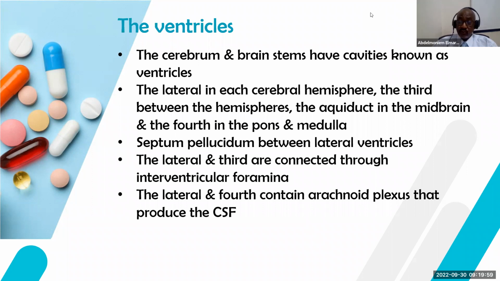Just to keep you following, let me ask you the question, and then you start thinking about it, and maybe you will be able to answer. Is the CSF secreted, or rather produced?